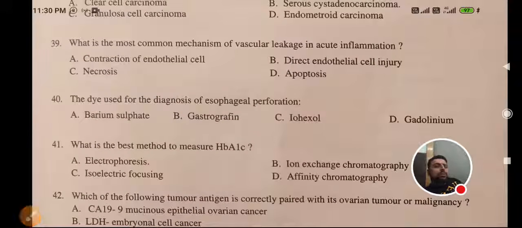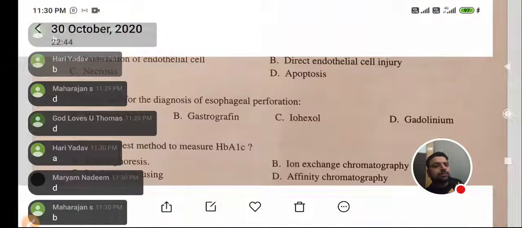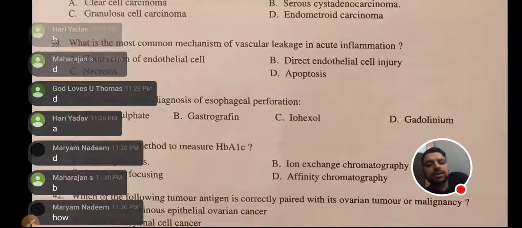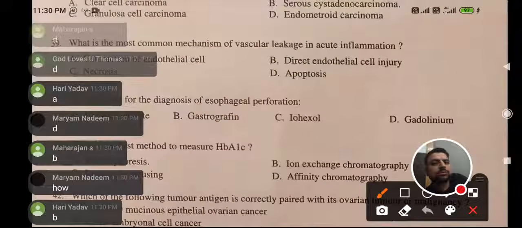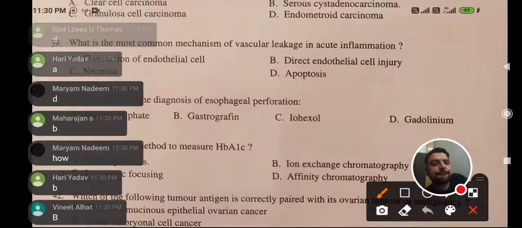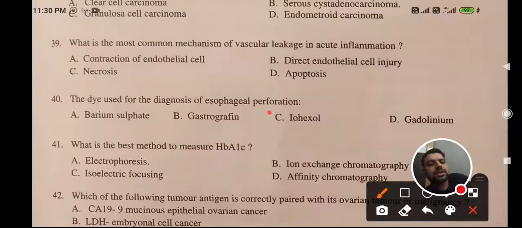What is the most common mechanism of vascular leakage in acute inflammation? The best answer is contraction of endothelial cells.